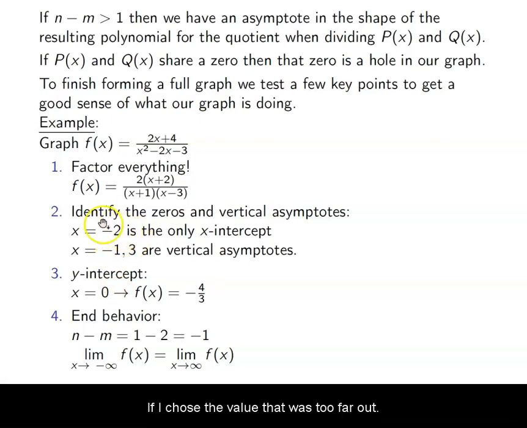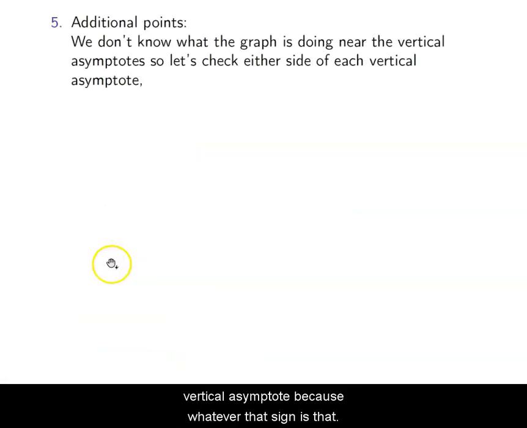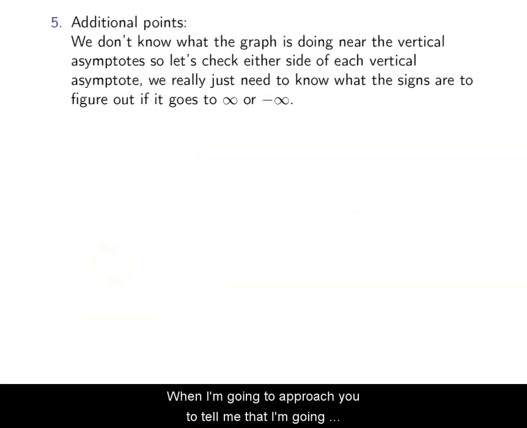If I chose a value that was too far out, like -3, okay, and I get that -3 is positive, well, I know it's going to cross my x-axis at -2 as it's getting closer to 0, right? And so then that means it will have to stay negative as it approaches -1, and it'll go to -infinity. So I can figure it out that way, but it's just easier to find values in between the 0 and the vertical asymptote, because whatever that sign is, that's what I'm going to approach. It'll tell me that I'm going to stay either positive infinity or negative infinity.